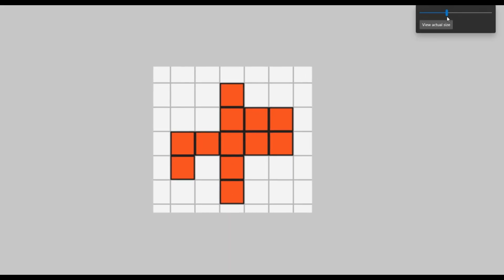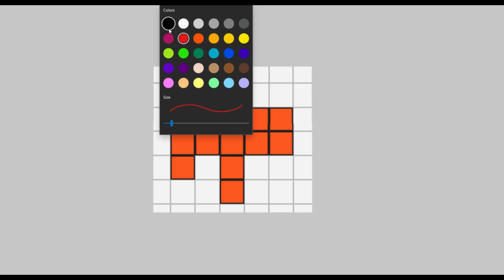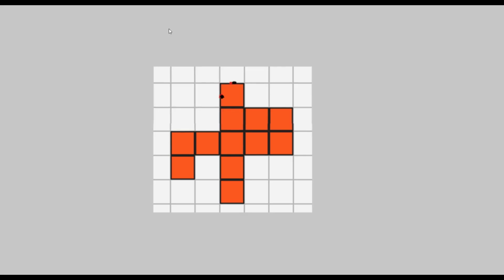Okay, let me do it here itself. I don't know if I can zoom in. Yeah, I can zoom in. Convenient. 1, 2, let me change the color also. Black will suit. 1, 2, 3, 4, 5, 6, 7, 8, 9, 10, 11, 12, 13, 14, 15, 16, 17, 18, 19, 20, 21, 22.